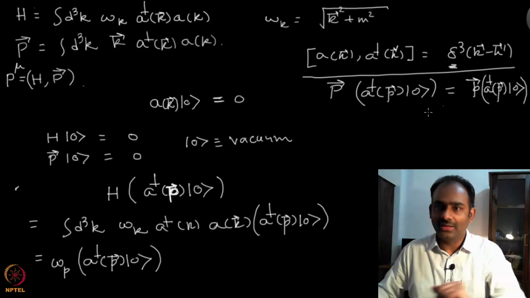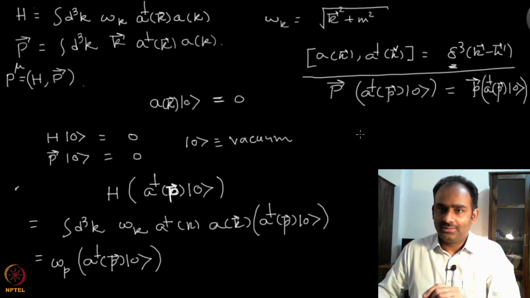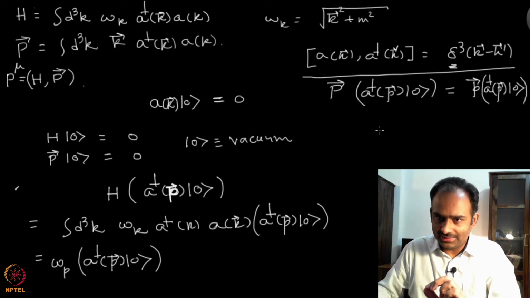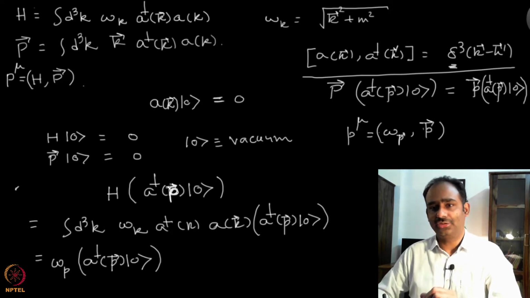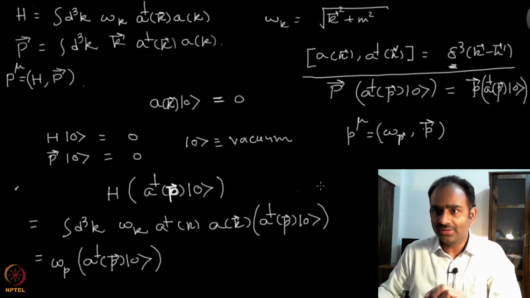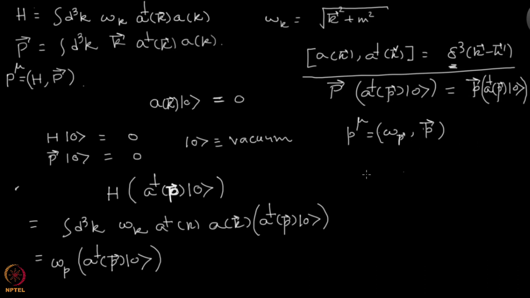Now, this state A dagger of p ket 0 has an energy omega p and momentum p. Okay. So, I can write down that it has an associated 4 momentum p mu, which is given by this, where omega p is as before the square root of p square plus m square.